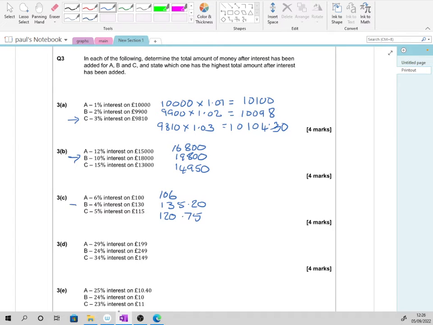One with the most money, B. So 199 times 1.24 is 246.76. 249 times 1.24 is 308.76, and 149 times 1.34 is 199.66, and B is the most there.